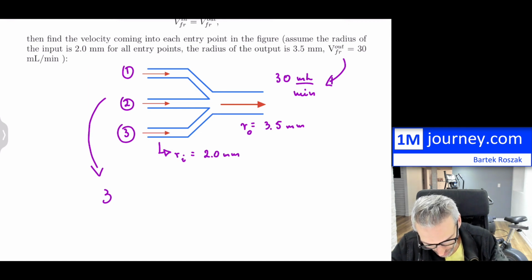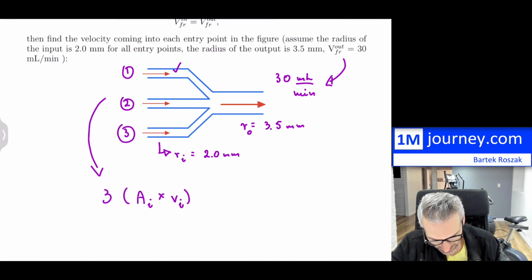and the volume flow rate is always simply the area, for the individual one, which is the area coming in multiplied by the actual speed coming in, individually. Now we're assuming that they're all the same, and there's 3 of them. So if you add all 3 together, they should be equal to the total volume flow rate coming out, on the outside.